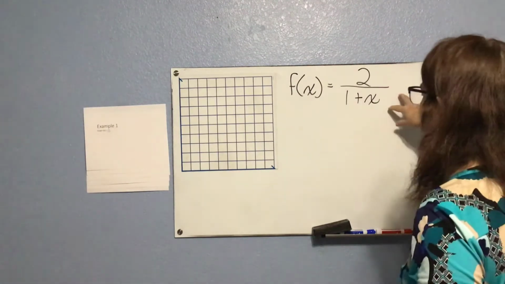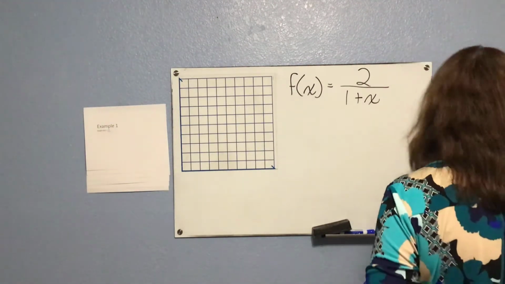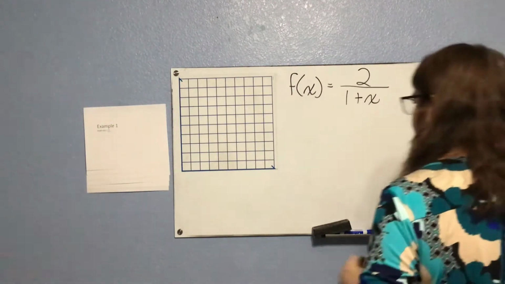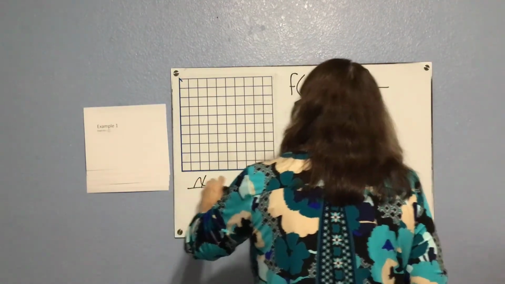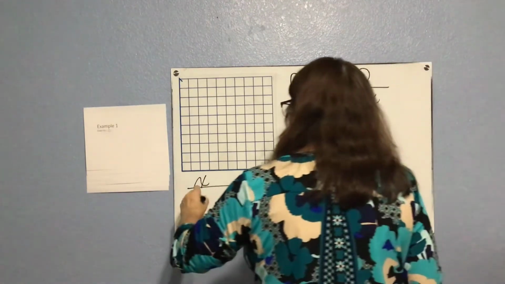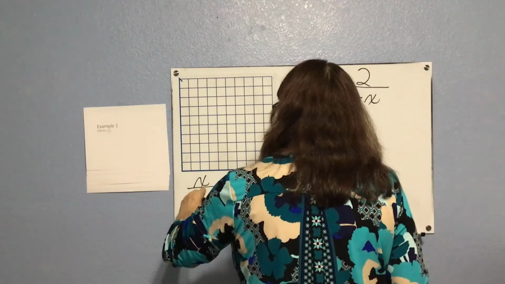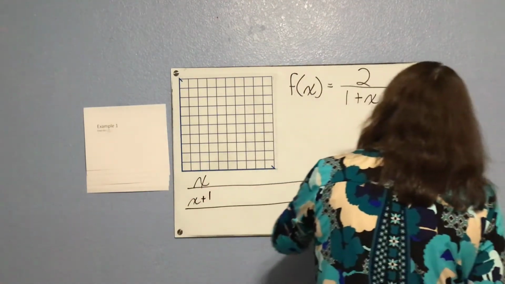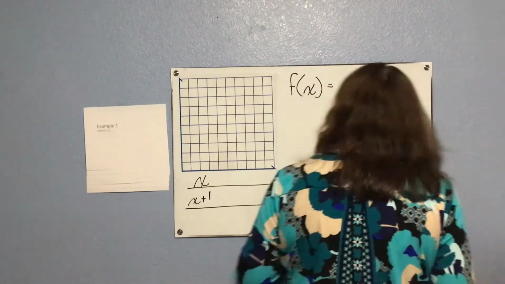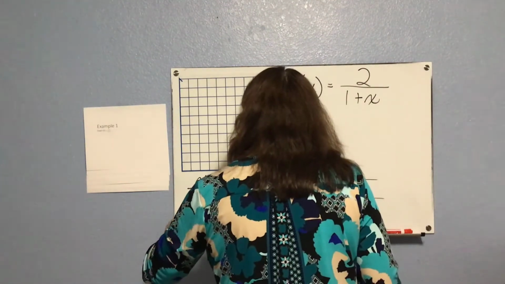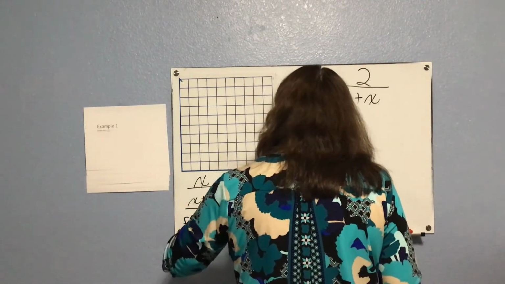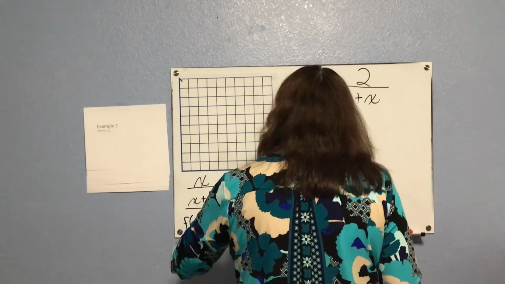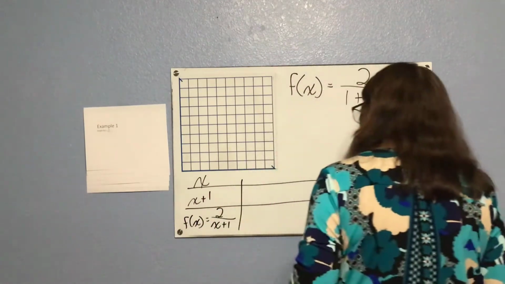And we're going to make a graph of this by creating a table. So I'm going to have x in the first row of my table, and then x plus 1 in the second row, and then I'll have f of x equals 2 over x plus 1 in my third row.